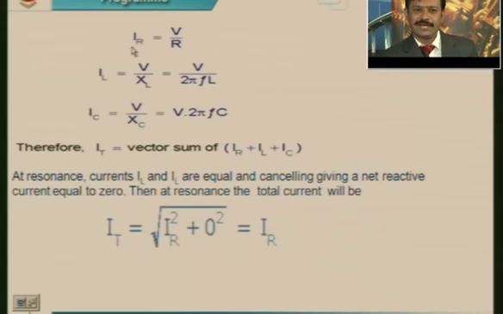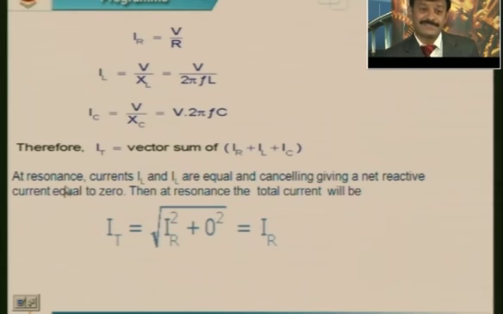As I told, IR is equal to supply voltage by resistance, IL equal to V by 2 pi FL, and similarly IC equal to V by XC, which is V into 2 pi FC. So the total current is a vectorial sum of IR, IL and IC.